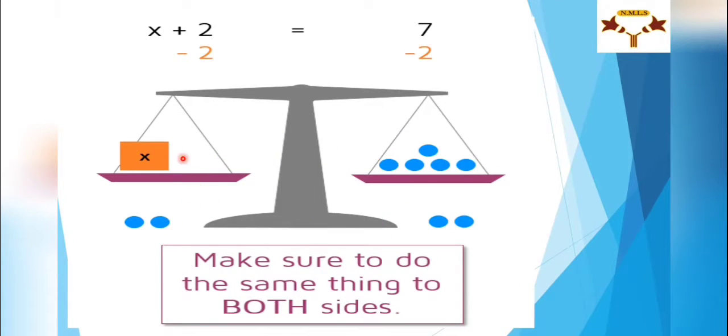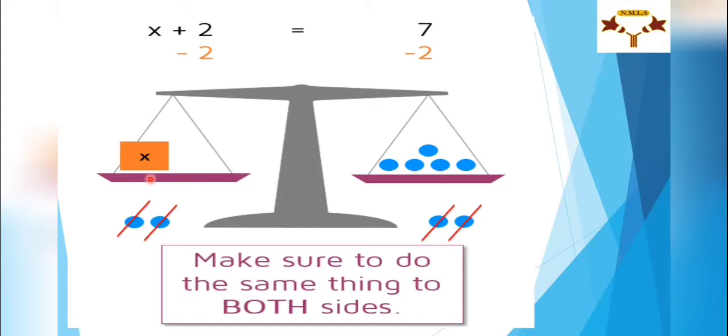So here I have to cancel these two. I want the x to stand alone, so I have to cancel these two. How can I cancel these two? By subtracting 2 from this side, and because this is an equation, I have to subtract 2 from the other side to keep the equality of the equation.